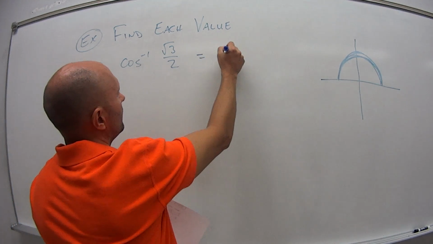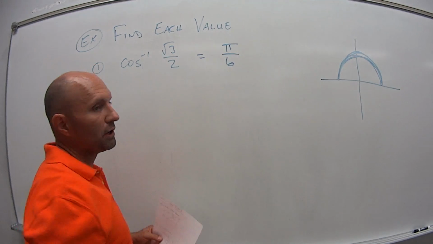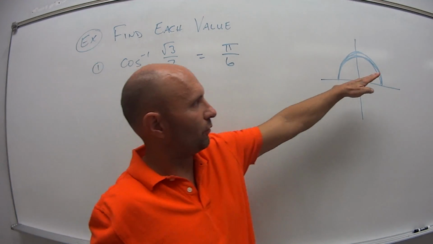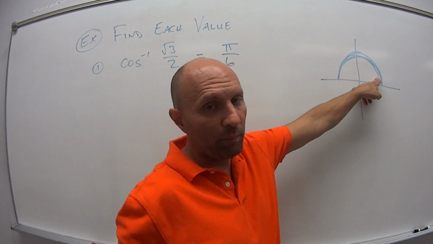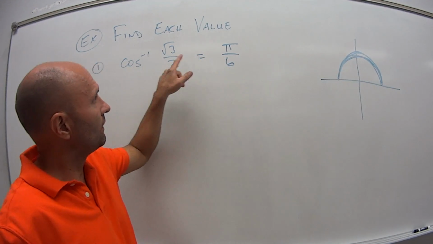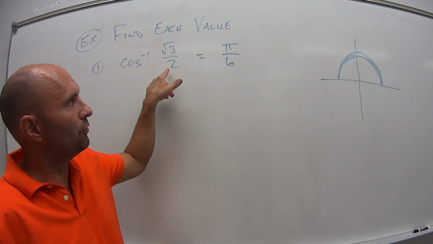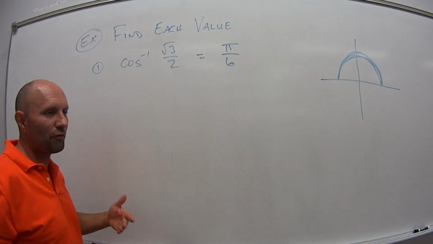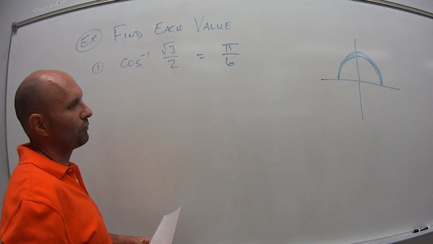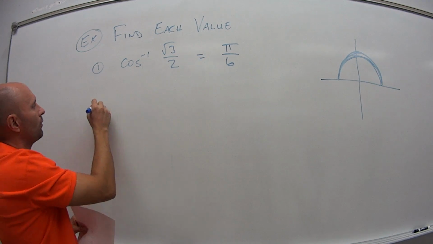Well, that is when we are talking about our radian measure of pi over 6. So in the top half of the circle, at pi over 6, that value would be square root of 3 over 2. So again, remember the inverse function is kind of going backwards from our ending point to get to the starting point.